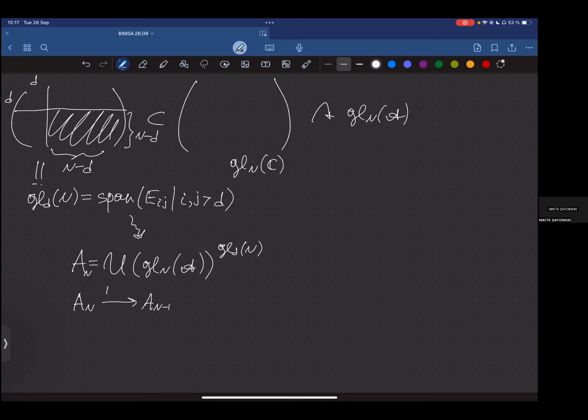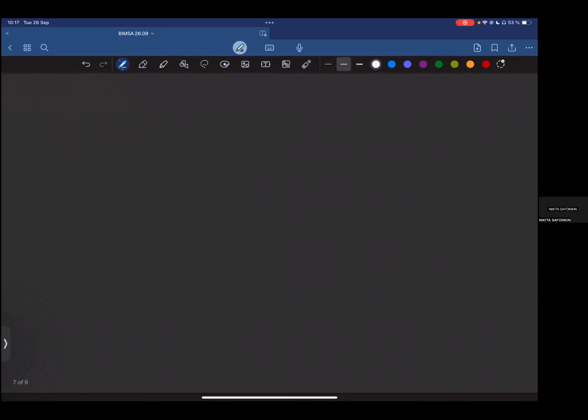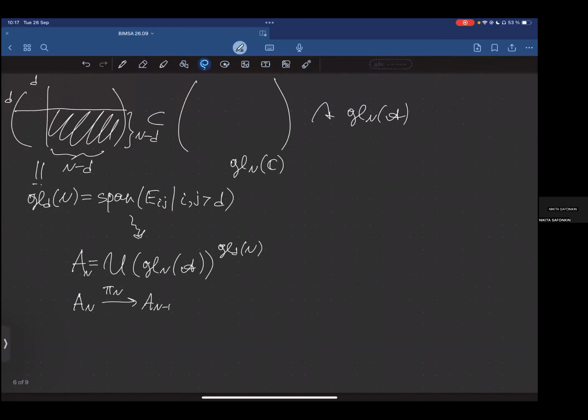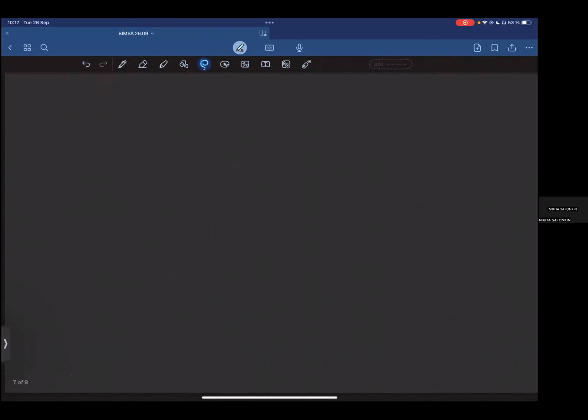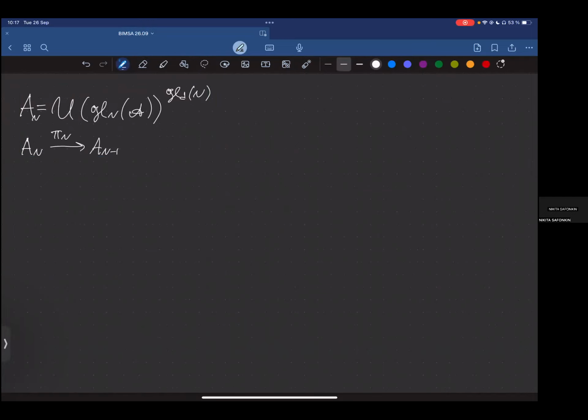Now I'm going to describe projections like this. How can I do that? Let me do this on the next slide. I'd like to have these formulas on that slide. Projections.